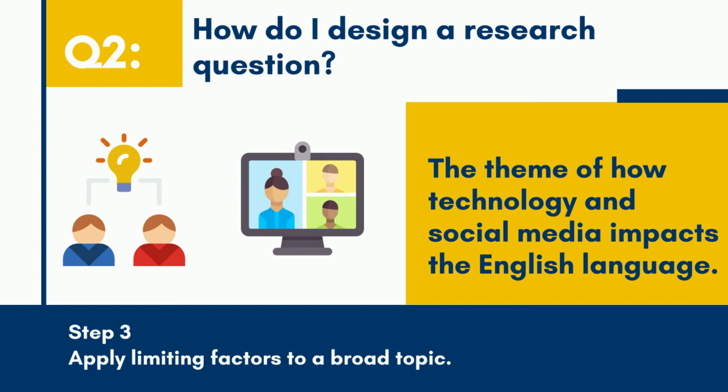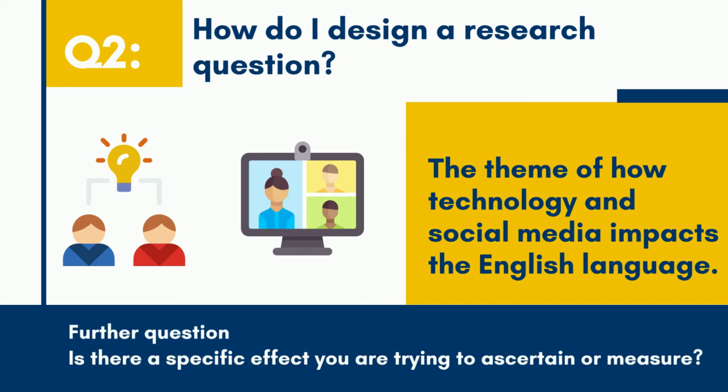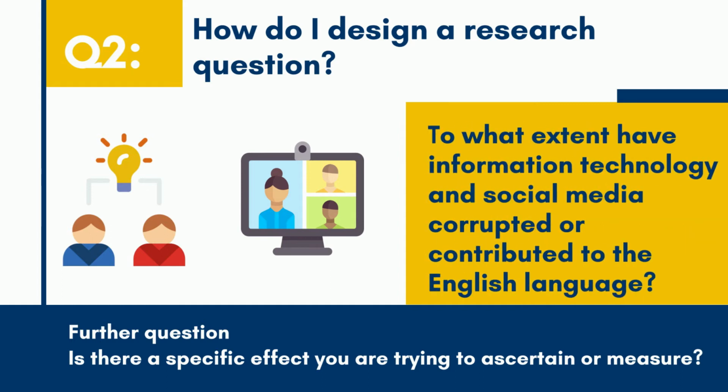Therefore, we need to ask further questions. So let's ask the question, is there a specific effect you are trying to assert or measure? You can now refine the research question to this: to what extent have information technology and social media corrupted or contributed to the English language?